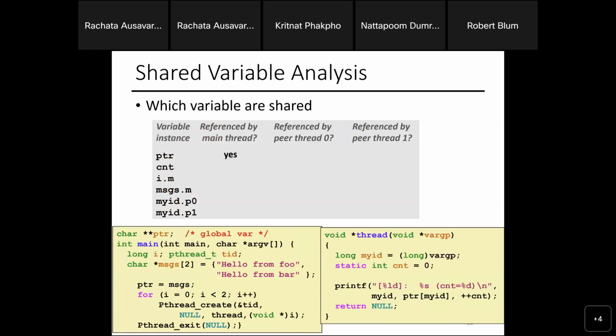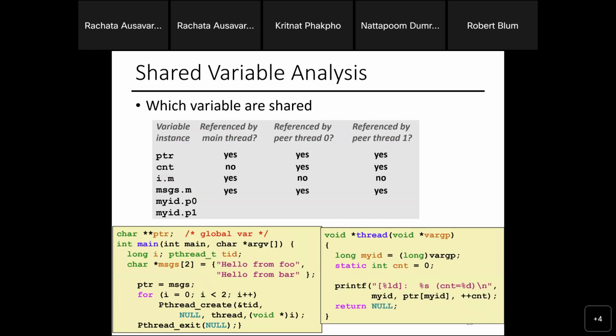Is it shared by the main thread, also thread 0 and thread 1? Everyone can access pointer. Right? How about cnt? Main thread, no. Thread 1, thread 2. I declare it in the main thread, right? Not shared by thread 0, not shared by thread 1.